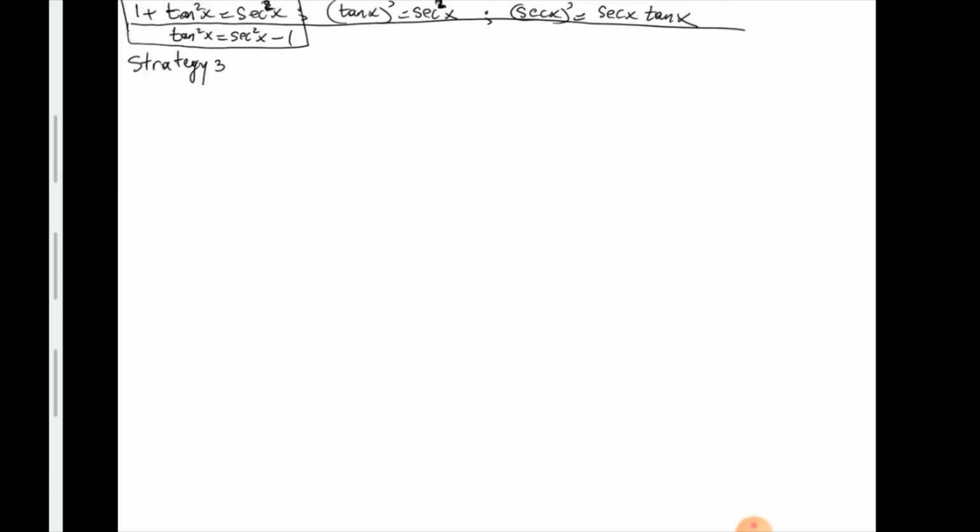I didn't actually number the strategy for the even powers of sine and cosine, but that's fine. So strategy 3 is if you have an even power of secant, and then the tangent power doesn't matter.